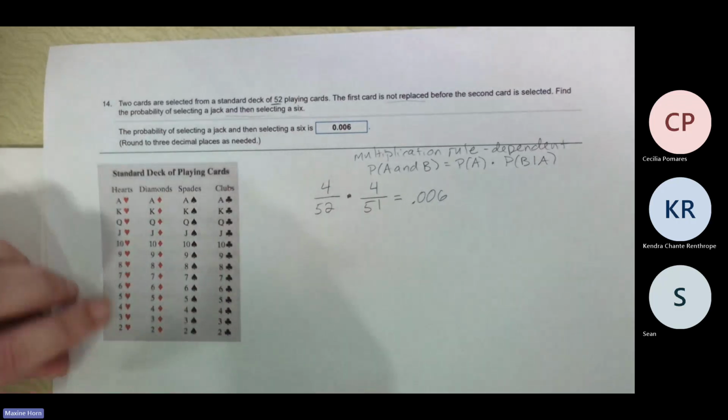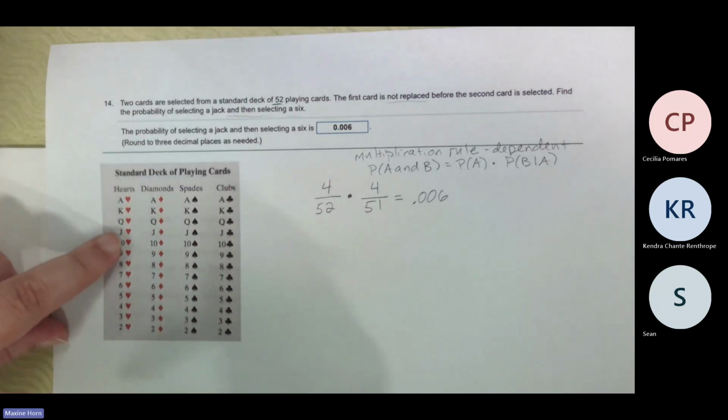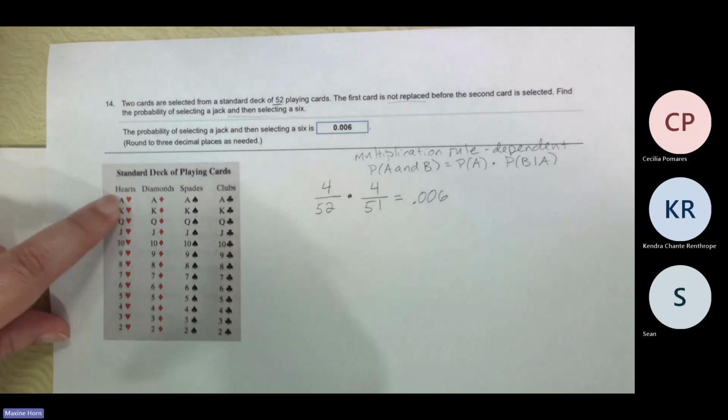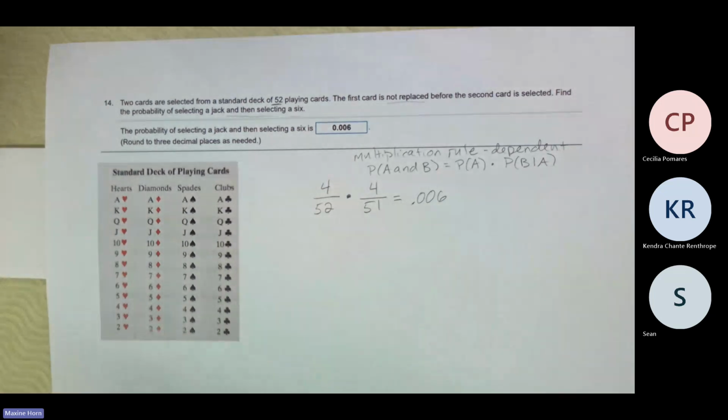And then in each you go from 2 to 10. And then you have Jack, Queen, King, and then Ace. So I would say take some time to look at that and make sure that you could create that if you needed to, because they might need you to already know that.